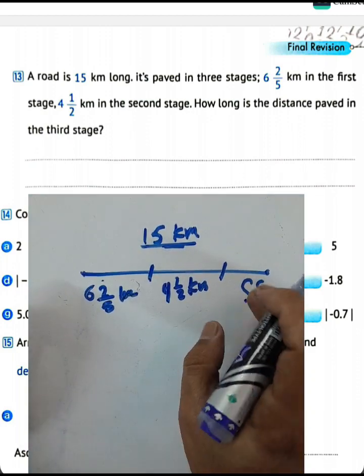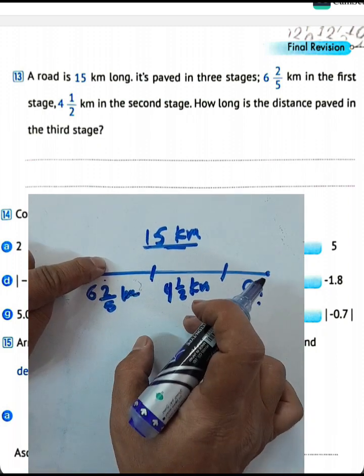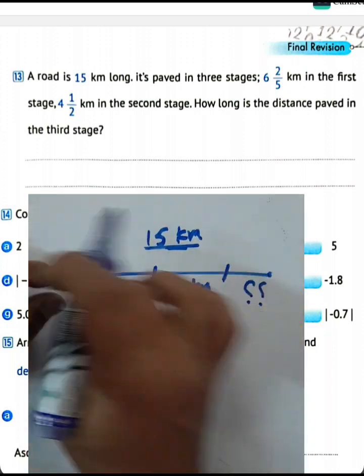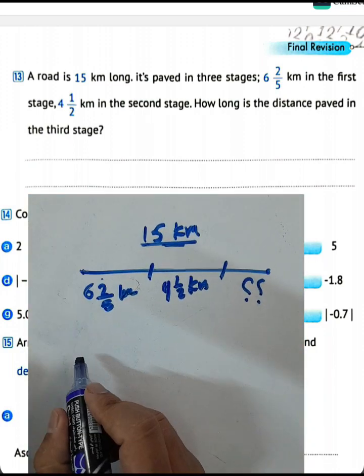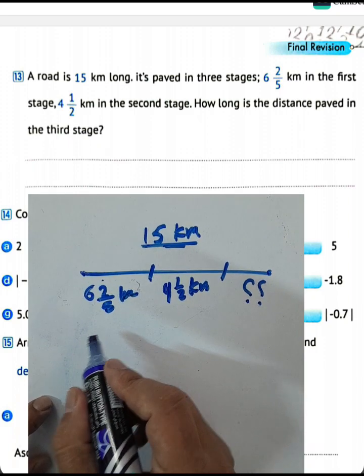To find the third stage, you must add the first stage to the second stage, and subtract the result from the length of the route. Then we can find the distance in the third stage.